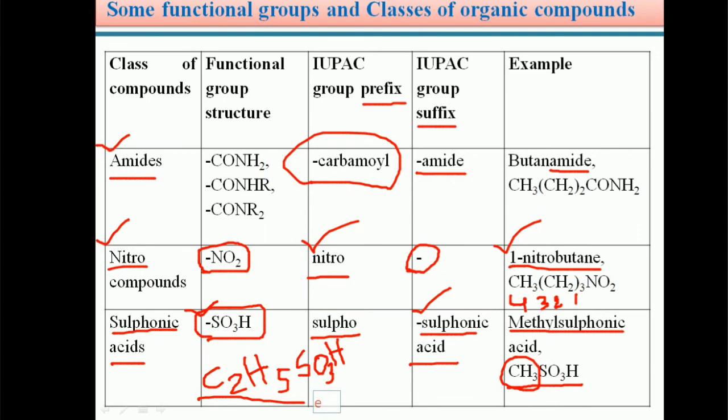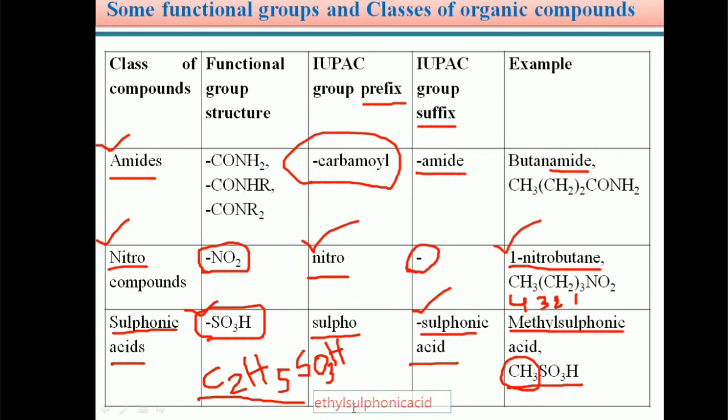Ethyl, because here the alkyl group is ethyl, and SO3H is the principal functional group. Ethyl sulfonic acid is the IUPAC name of the given organic compound.